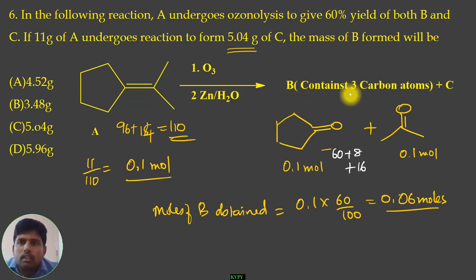So B should contain 3 carbon atoms here. We would have missed it now. So this should be the one which we are calculating.